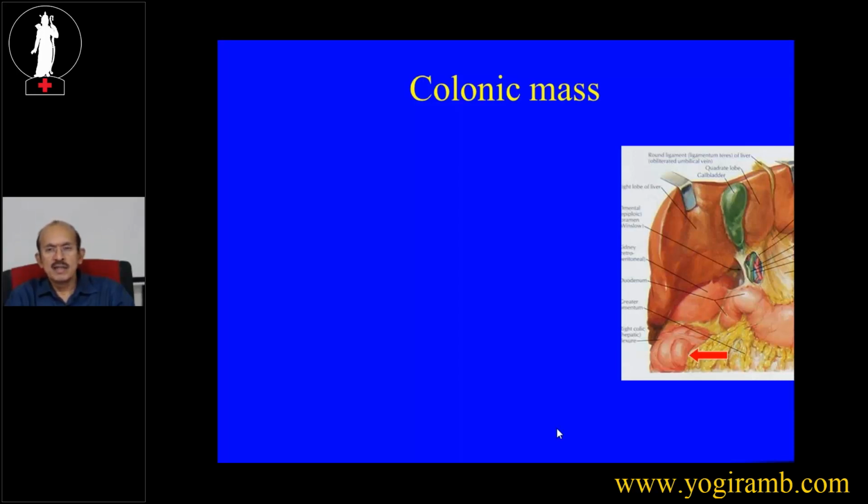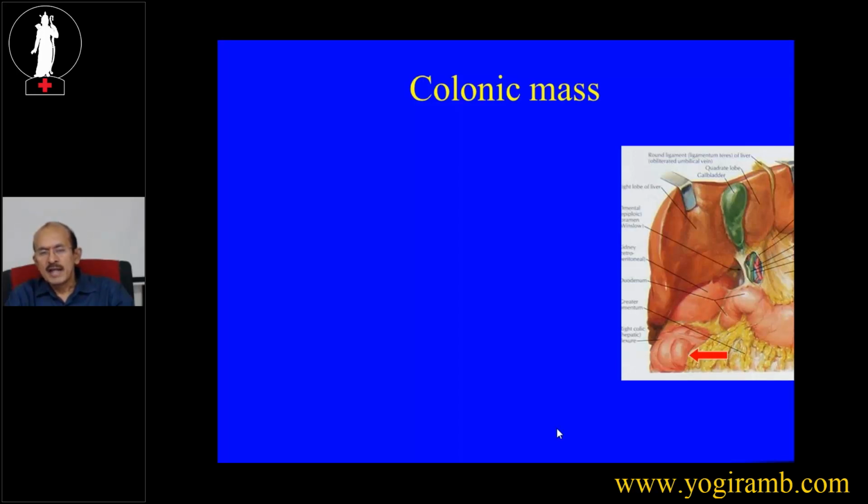Okay. Now, my question is, what are the causes of clinically palpable gastric masses? GIST, sir. You tell me the common thing, not the rare thing. Adenocarcinoma of stomach. Wonderful. Carcinoma of the stomach is the commonest thing.